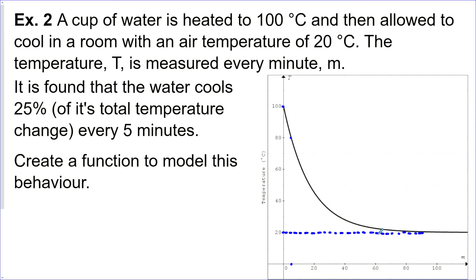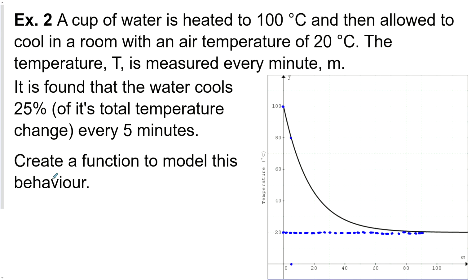It's not going to continue to drop and go all the way to 0 for no reason. So the total temperature change is 80, and 25% of 80 degrees is 20 degrees, so we've lost 20 degrees after 5 minutes.